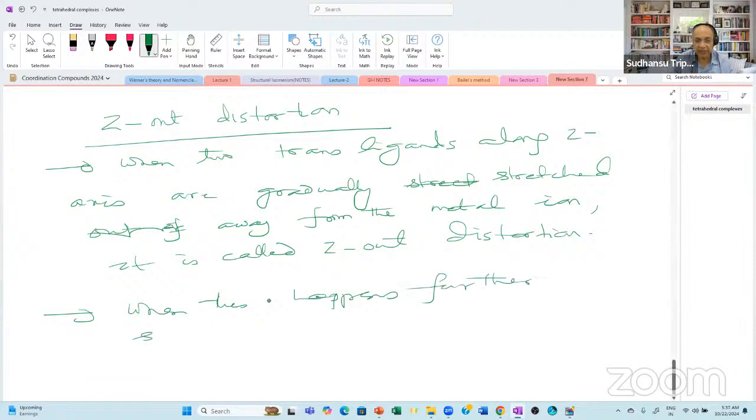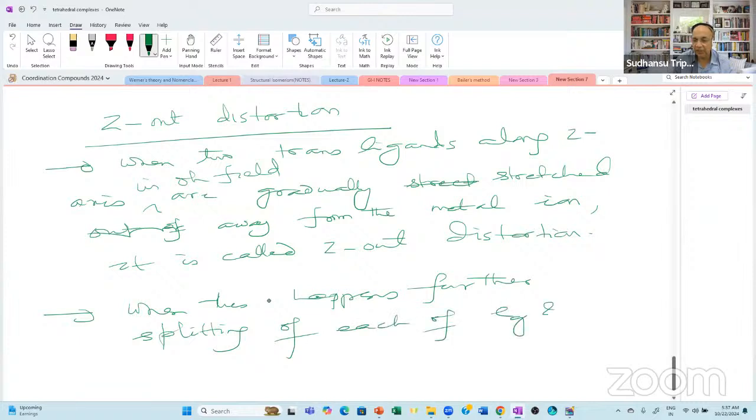further splitting in the OH field, let me write down, in the OH field, octahedral field. When this happens, further splitting of each of the EG and T2G sets occurs.